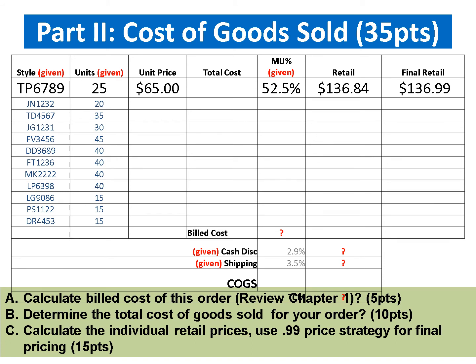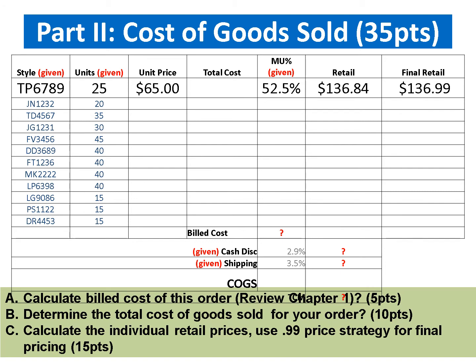So for example, if your markup was 52.5% and the unit cost or wholesale cost of your garment was, let's just say, $65, then using the pricing formula, your retail price for this garment would be $136.84, but we are going to use the 99-cent pricing strategy for your assignment.